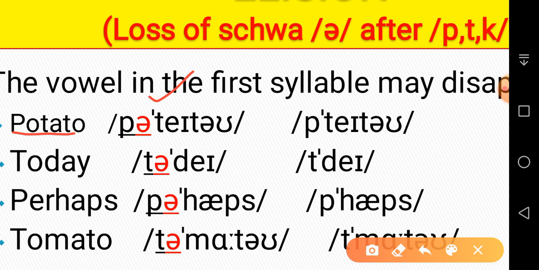Here is the stress mark. It has three syllables, 1, 2, 3. But this schwa sound, or weak vowel, will be dropped. So these two will be brought together, and there will be no vowel sound. So we will quickly say potato.